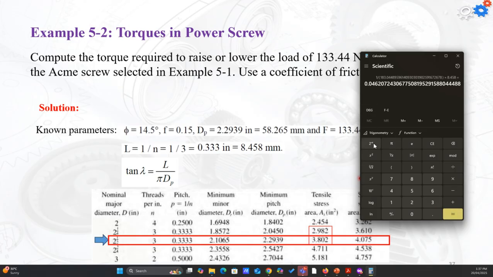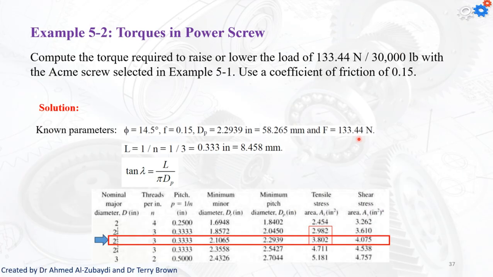Equal to that. This is the number, and I can find the value for the lambda. It's 2.64. So we got the value for the lambda, and this will help me continue with the answer. The tangent of the lambda can be calculated now, and that means the lambda is going to be 2.65 degrees.